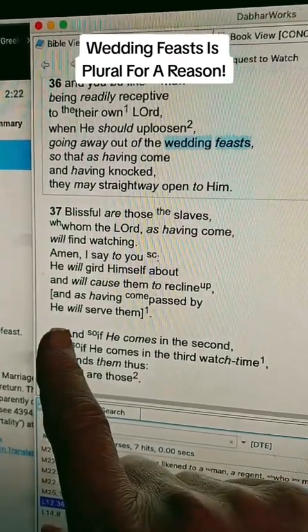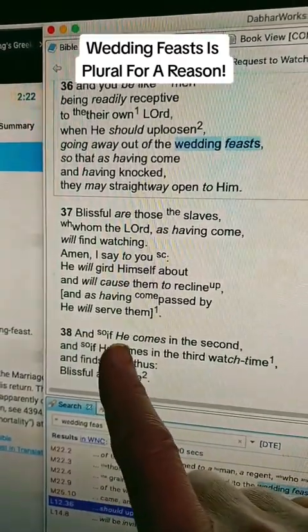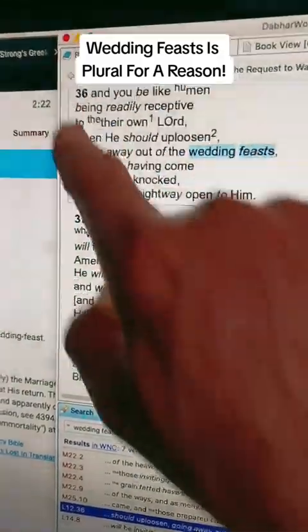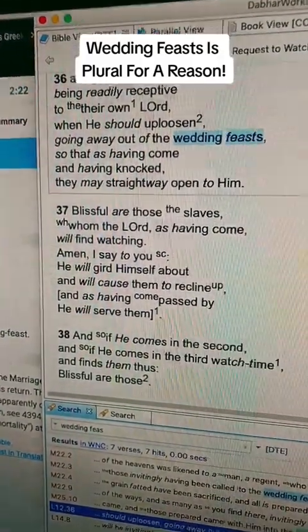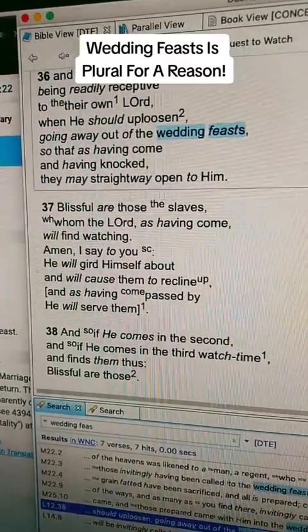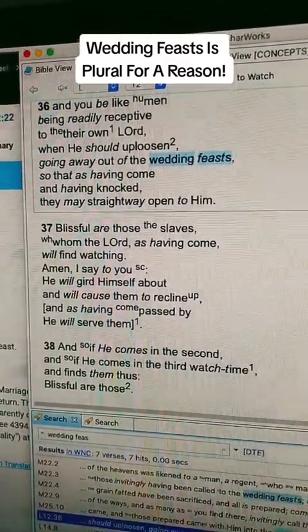Namely, the first watch time, where it's disappeared here because those who come in are those who are uploosened in the context of this parable, where midnight is the second watch time and in cock's voice is the third watch time. Wedding feasts.